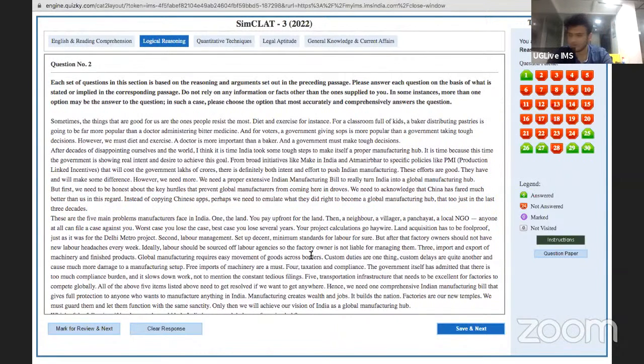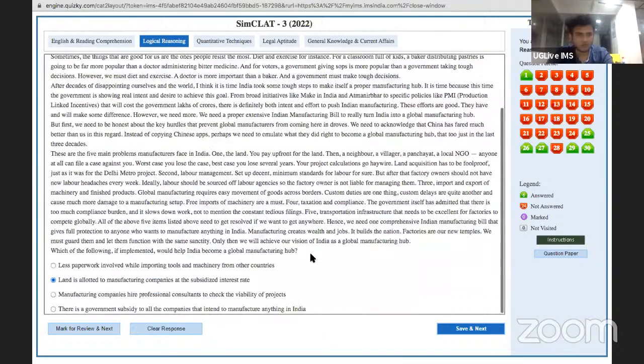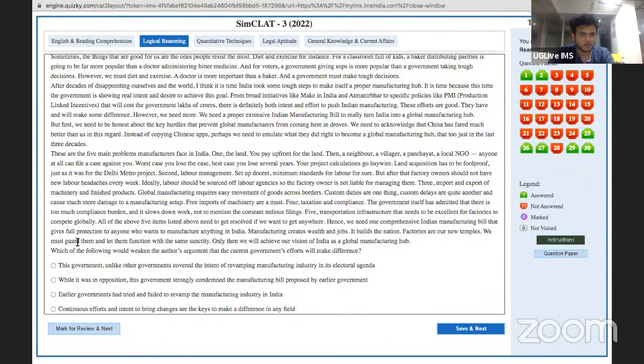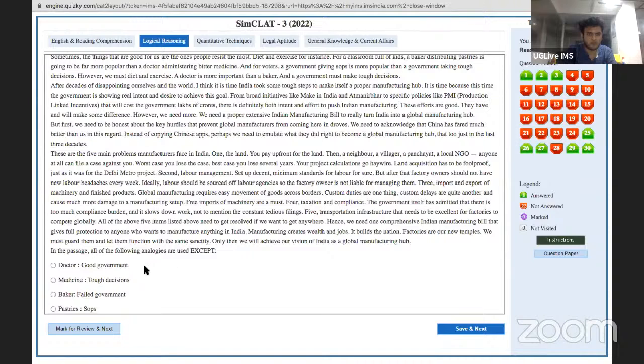The government should strongly continue national manufacturing, trying to revamp the manufacturing industry. Pastries recipes.